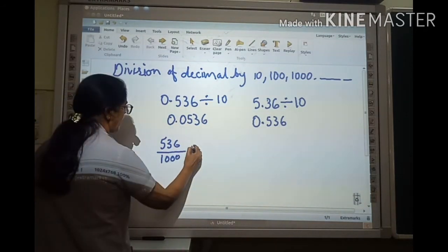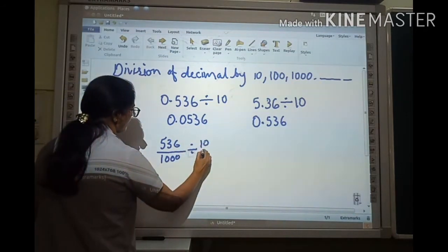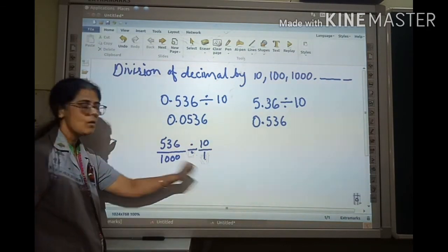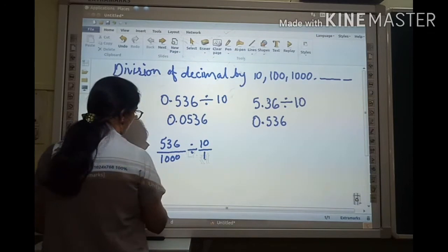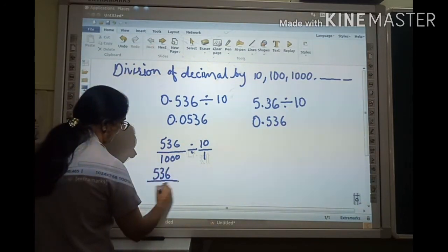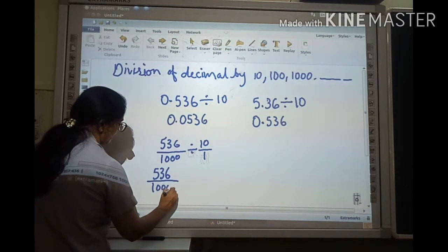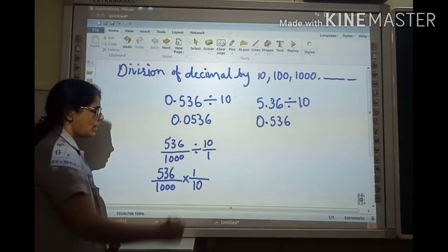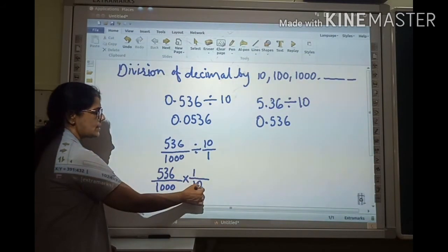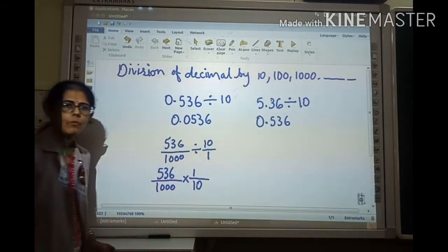Then divide by 10. Suppose there is no number, so we have to place here a 1. By applying the multiplicative inverse property, 536 upon 1000 multiply by 1 upon 10. Now 1 upon 10 is the reciprocal of 10 upon 1, right?